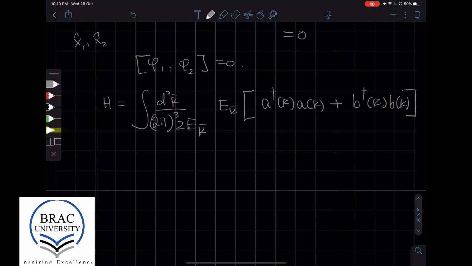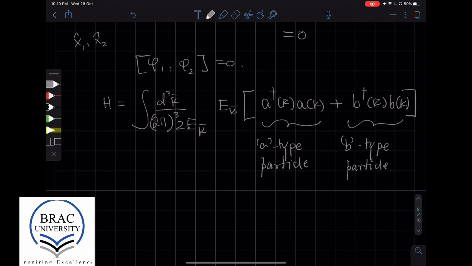This shows that we can think of the a operators as creating an a-type particle and the b operators as creating a b-type particle.